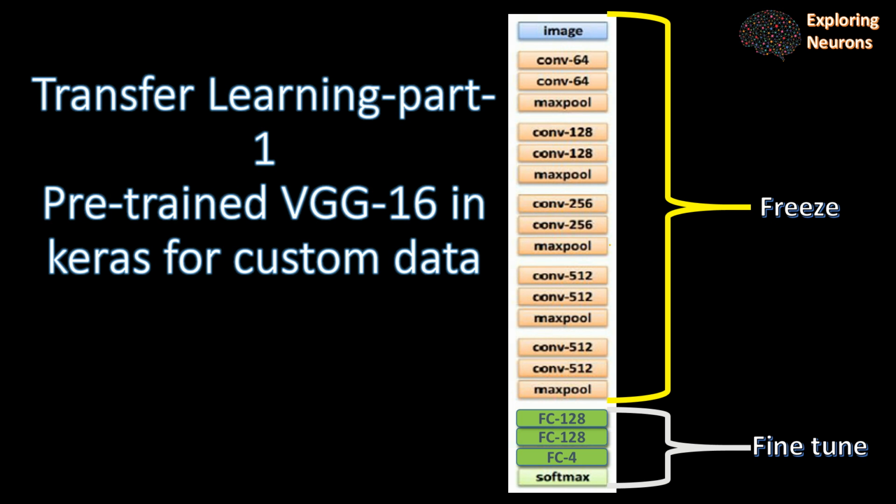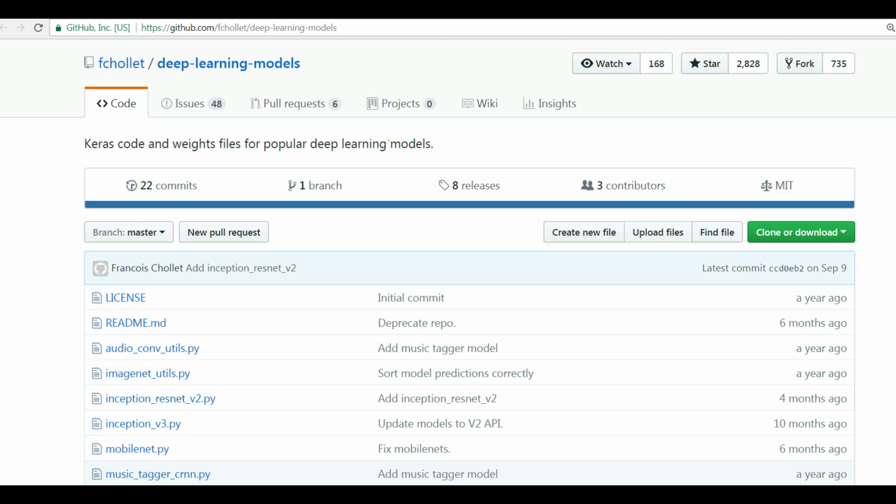Similarly in ResNet. Francois Chollet, the creator of Keras, has also provided deep learning models like Inception, ResNet, MobileNet, and VGGNet, along with their weights. In the releases you can also get their weights, and you can utilize those pre-trained models for your problems. So Keras has all this functionality.